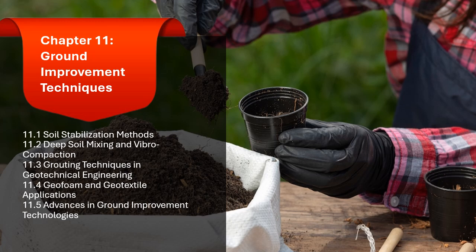2. Separation of soil layers. In applications where two different types of soil must be kept separate to prevent mixing or contamination, geotextiles are used as a separation layer. This ensures the stability of the construction while preserving the integrity of each soil layer.